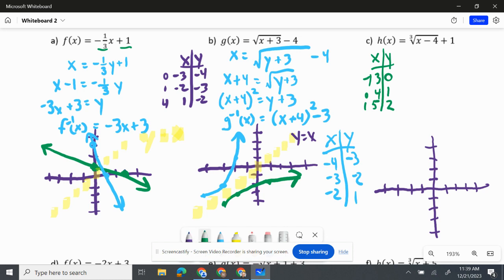So when we graph it, we have (3, 0), (4, 1), and then our (5, 2).